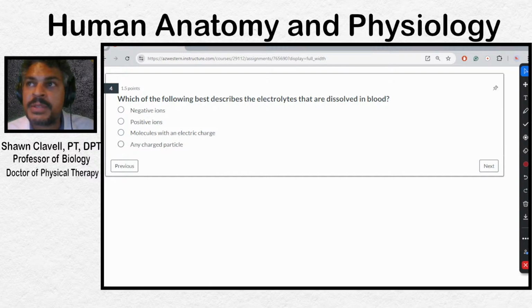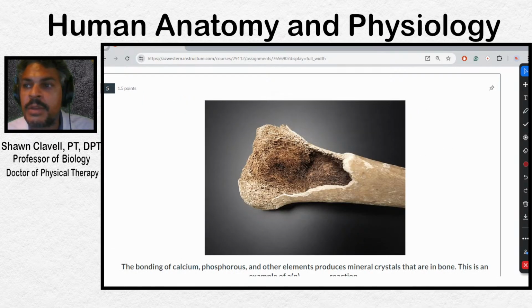Which of the following best describes the electrolytes that are dissolved in the body? Is it 1, 2, or 4? And I don't know if I like that one.